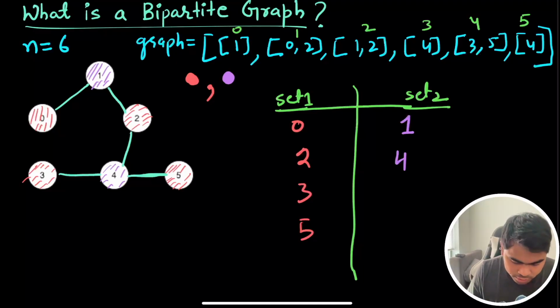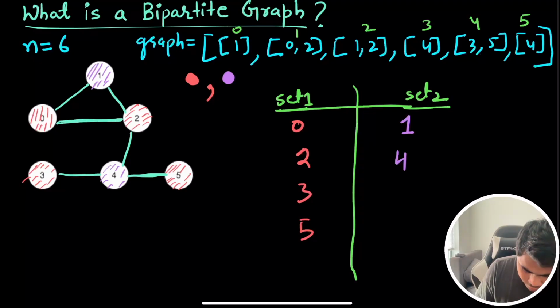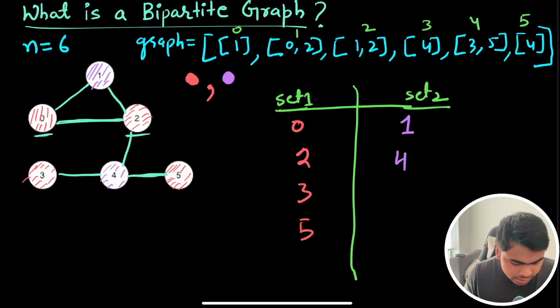So if I introduce a cycle right here, let's say if I connect these two, then what do you see? You see that two neighbors of this graph have the same color. Like these two, if these two become neighbors, then we have two adjacent nodes that are the same color.